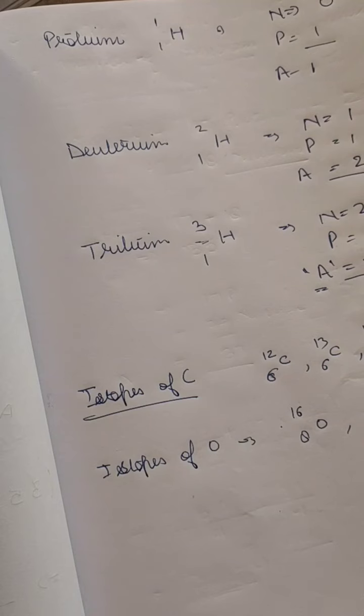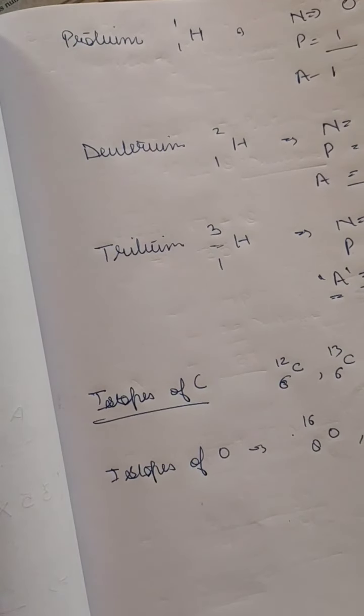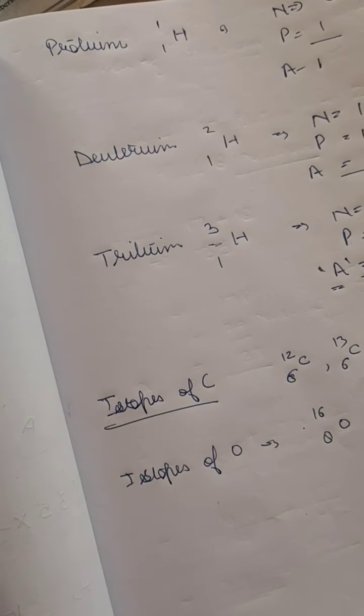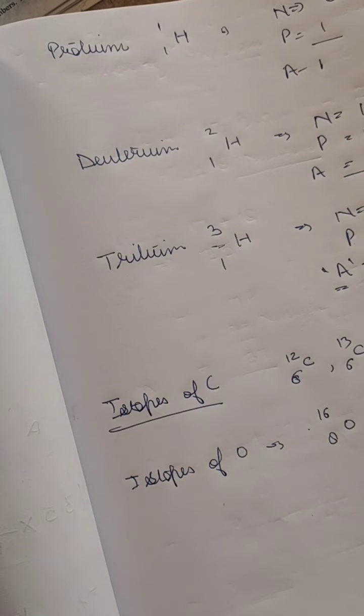Isotopes have many properties. Some isotopes are unstable due to the presence of extra neutrons in their nuclei, so they emit various types of radiation. They are called radioactive isotopes. Because of the extra neutrons, those elements emit radiation, so they are called radioactive isotopes.